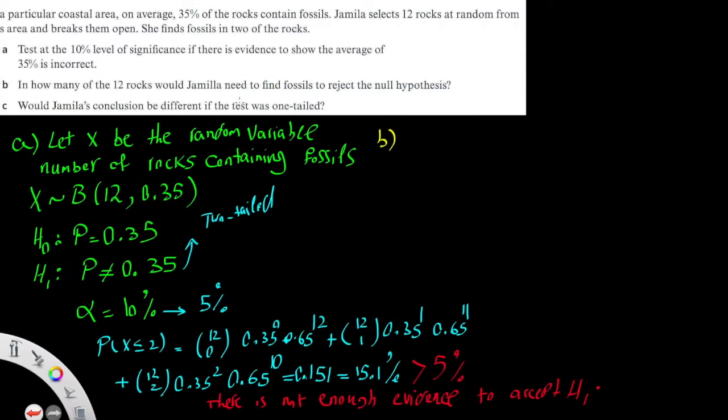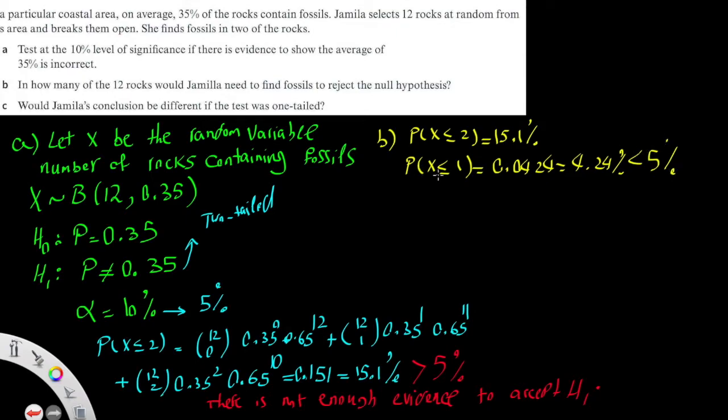Part B, it says, in how many of the 12 rocks would Jamila need to find fossils to reject the null hypothesis? Now, we saw that the probability of X less than or equal to 2 is 15.1%, so it is in the acceptance region. Now we go further to the left-hand side. We calculate the probability of X less than or equal to 1, which will be 0.0424, which is 4.24%, which is less than 5%.